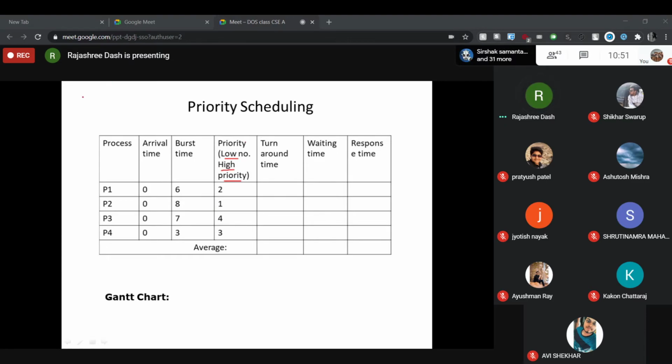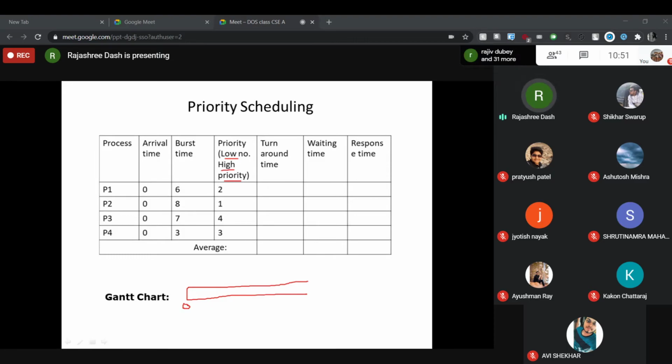So now let's check how the processes will be allocated to the CPU for execution. Arrival time 0 means at time 0, all of P1, P2, P3, P4 are available in the ready queue. So at time 0, what is the first process to be allocated to the CPU?